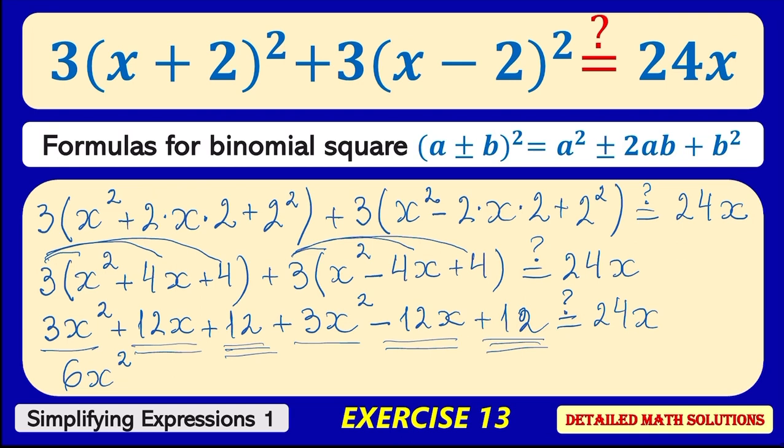Therefore, their sum equals 0 and they cancel out. What I have left is plus 24. And I can see that this simplified expression does not equal 24x, therefore it is not equivalent.